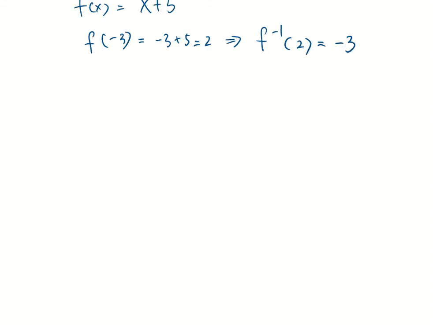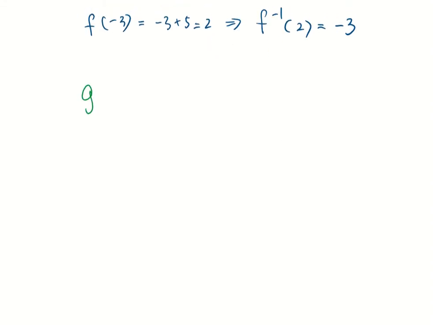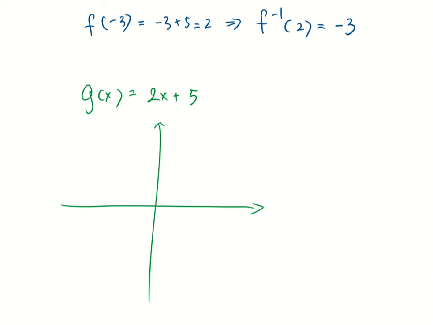Now let's say we're given a function g of x, which is 2x plus 5, for example. And let's graph g of x really quick. It is a function with y-intercept of 5, so let's say this is 5.